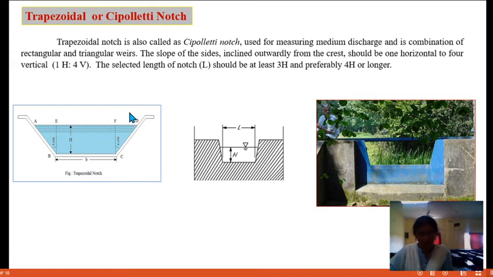By combining these two theta by 2 portions, we get an angle of theta, which is again equivalent to the V-notch. That means the trapezoidal notch is nothing but the summation of a triangular notch and a rectangular notch, one part rectangular and one part triangular.